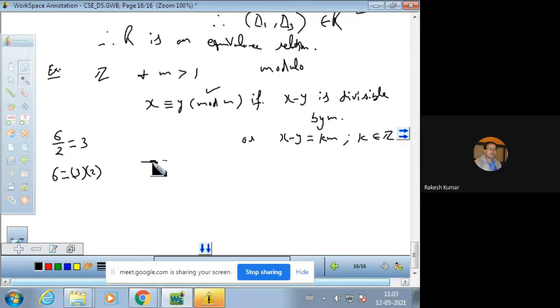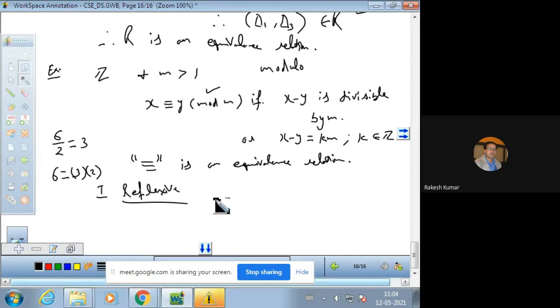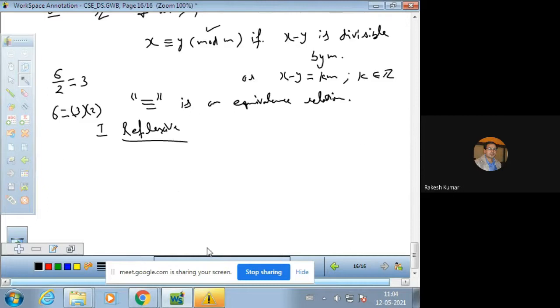So we want to prove that this congruence relation is an equivalence relation. For the equivalence property, first it should be reflexive, then symmetric, and then transitive.